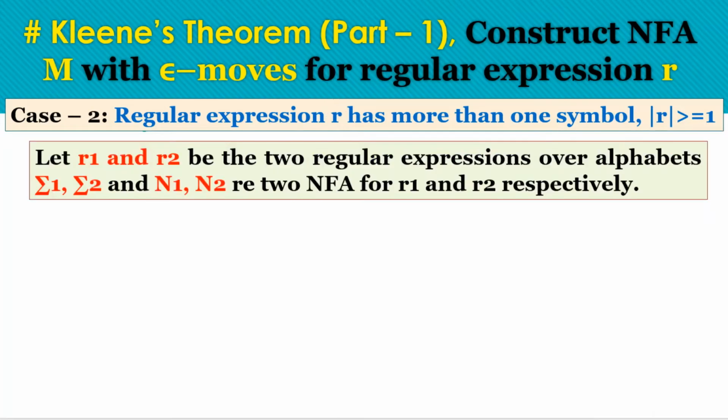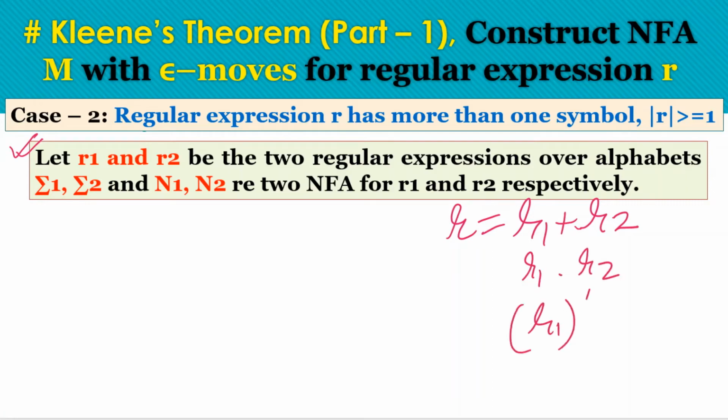We divide the regular expression R into two regular expressions R1 and R2. These two expressions can be linked using union, concatenation, Kleene closure, or positive closure. These are the four identities we need to prove: R1 union R2, R1 dot R2, R1 Kleene closure, and R1 positive closure.